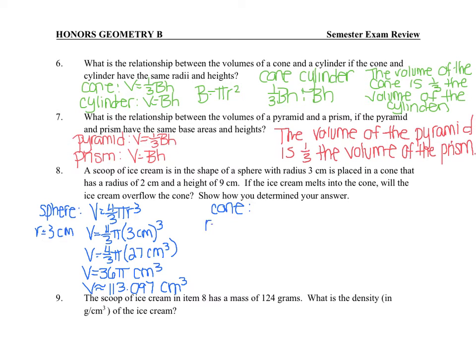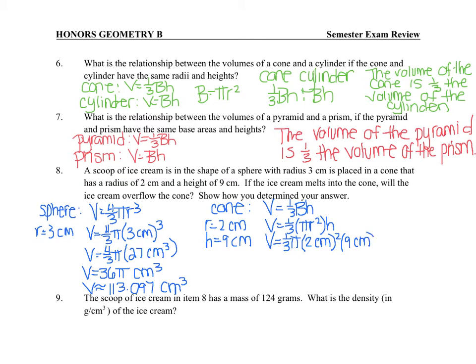Now I need to find the volume of the cone. And the cone's got a radius of 2 centimeters and a height of 9 centimeters. Well, the volume of a cone is 1/3 times the area of the base times the height. And since it's a cone, the area of the base is pi r squared. So my volume is going to be 1/3 pi times 2 centimeters squared times a height of 9 centimeters.